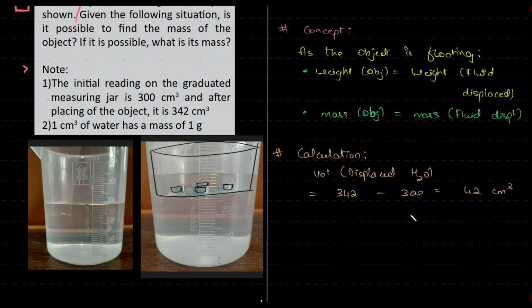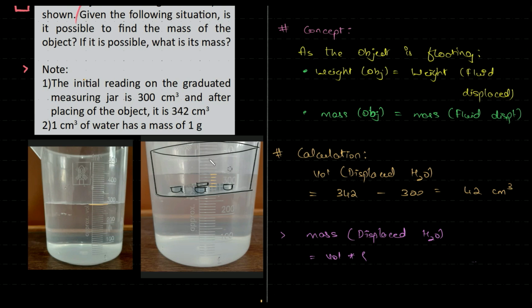So how can we use the volume? We can figure out the mass. Let's first figure out the mass. Mass of the displaced water will be equal to volume into density, right? Volume is 42, and density is 1 gram per centimeter cube. Let me show the calculation this way.